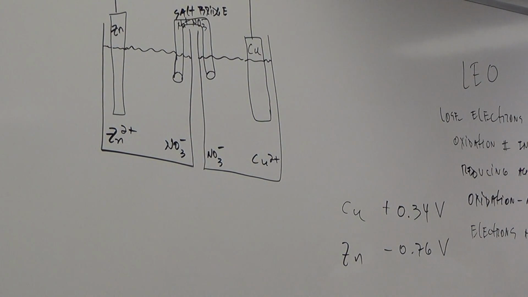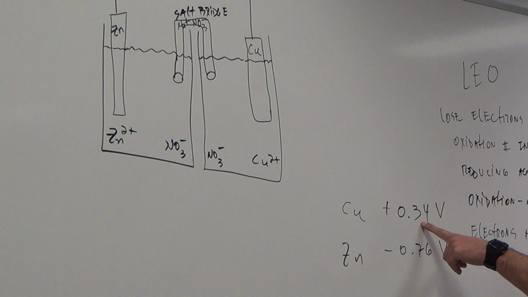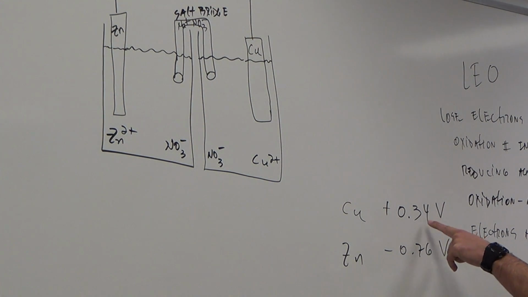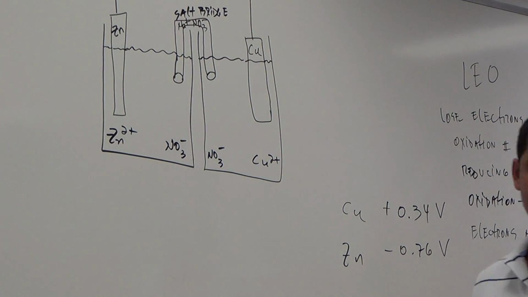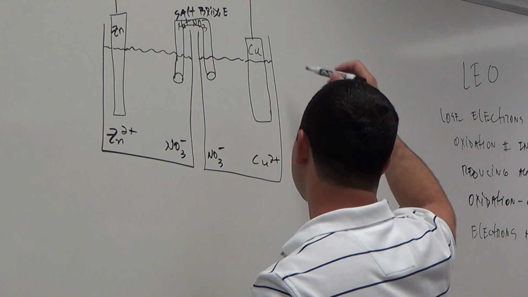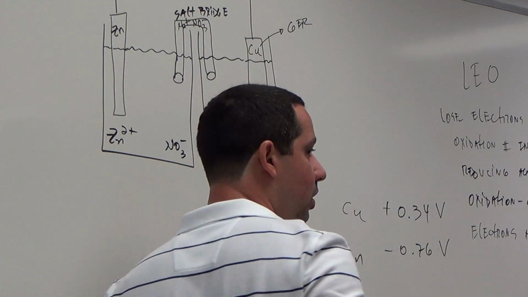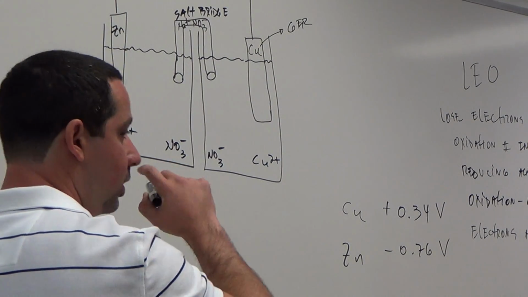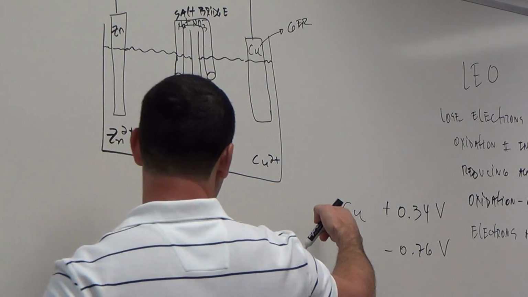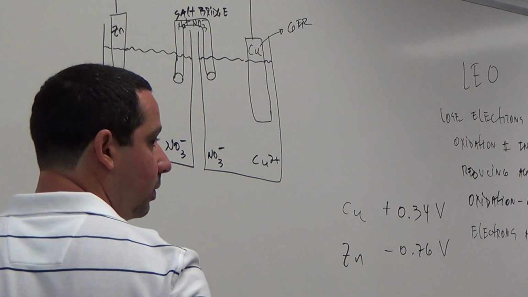Okay, very good. So that has a higher reduction potential. This is going to be the what? The reduction. Okay, so which one of those two is going to be GER? Copper. Copper is going to be GER. And I am doing this because I want a short way of saying what I'm going to say next. And zinc is going to be what?